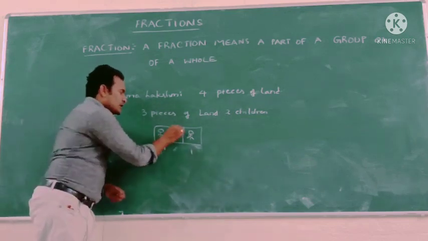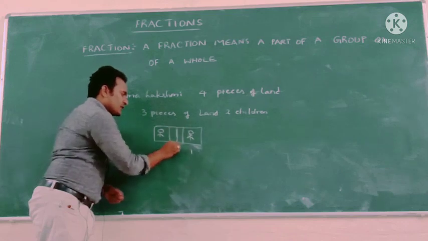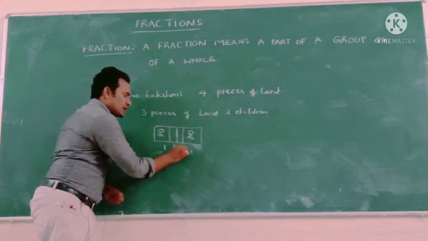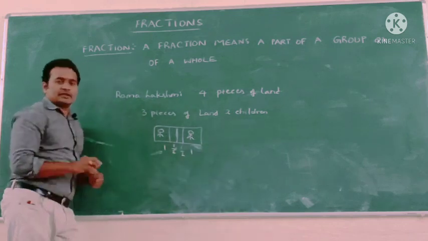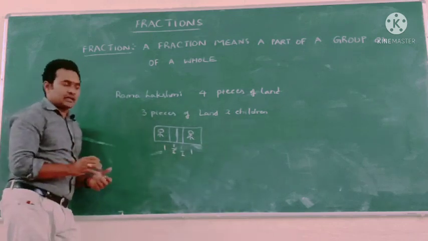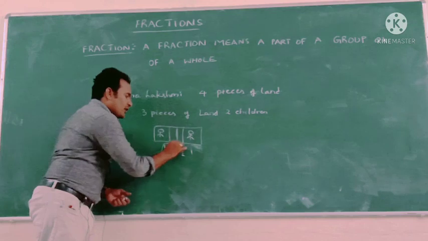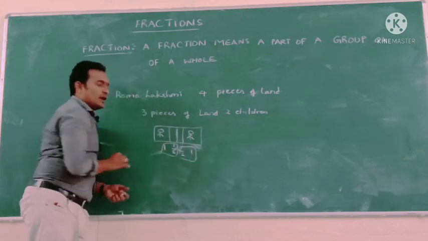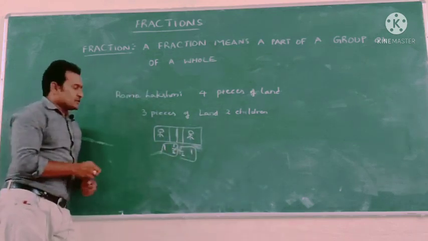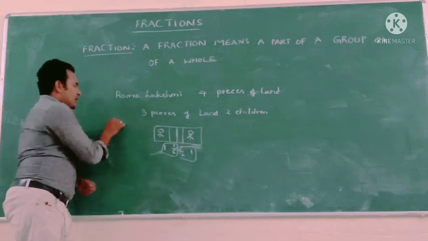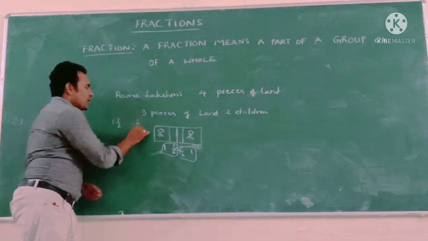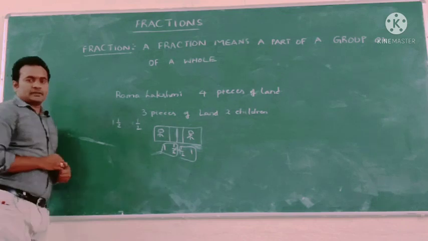The third part is distributed equally. That means this is the half part, equally distributed among the 2 children. So each child will get 1.5 parts.